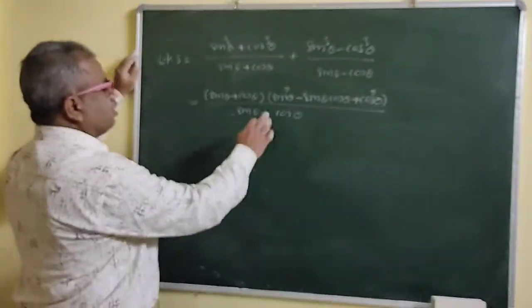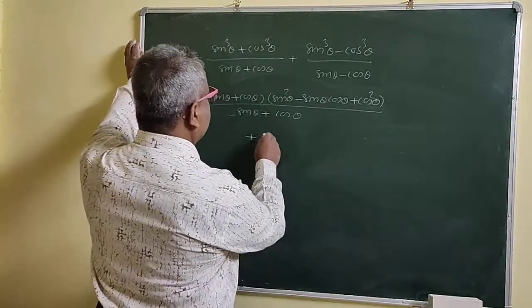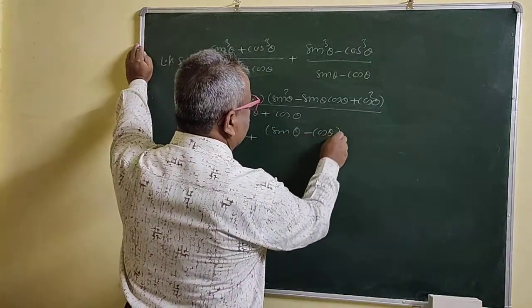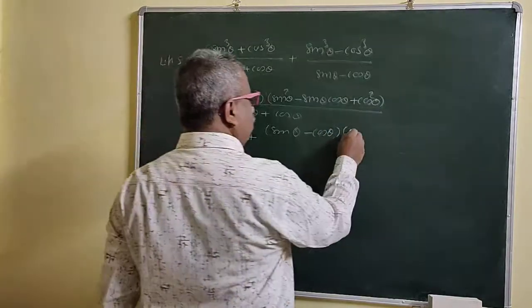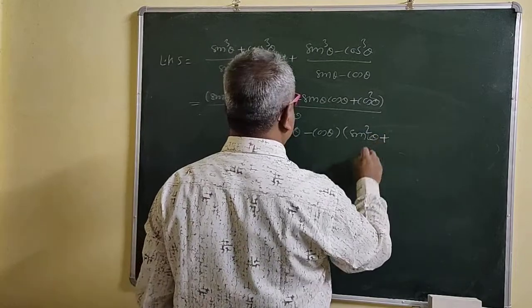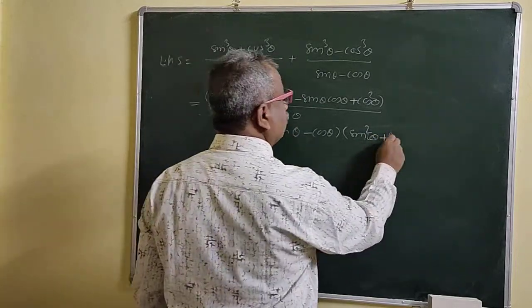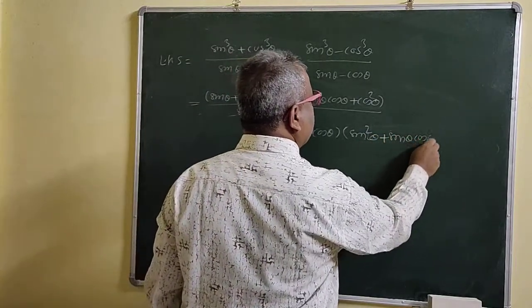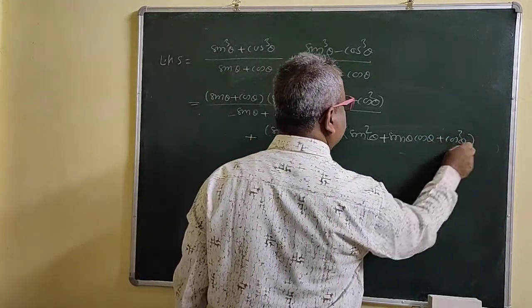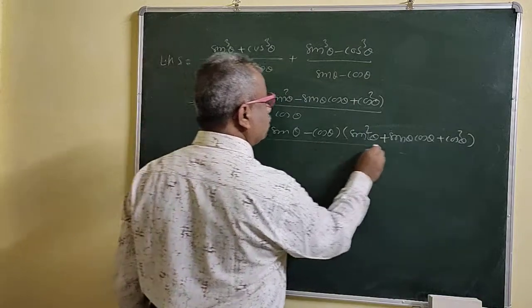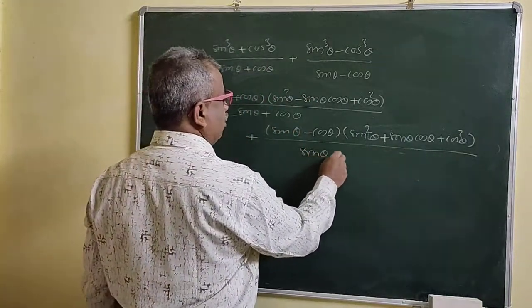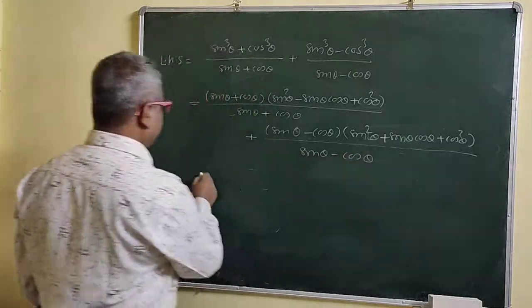So now sin theta minus cos theta, sin square theta plus, because here is minus, so sin theta cos theta, then square of it, cos square theta upon sin theta minus cos theta.